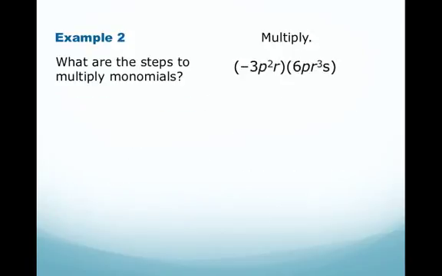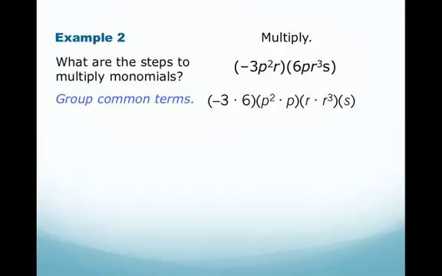Example 2. Multiply negative 3p squared r times 6p r to the third s. So when I group common terms, I get negative 3 times 6 times p squared times p times r to the third times s.